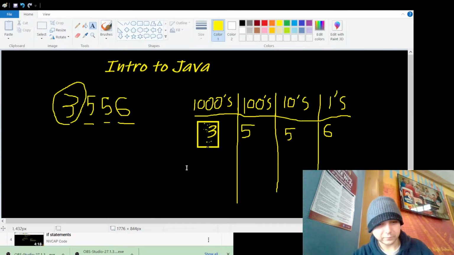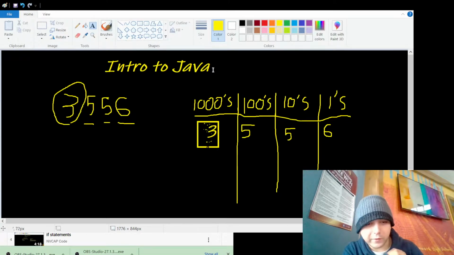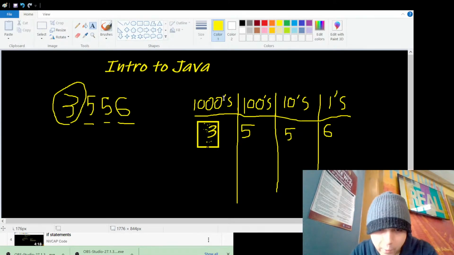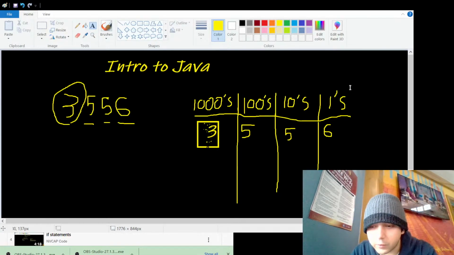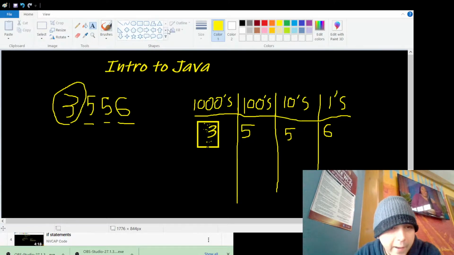So let's think about what's going on here. We have thousands, hundreds, tens, and ones. How else can that be represented?